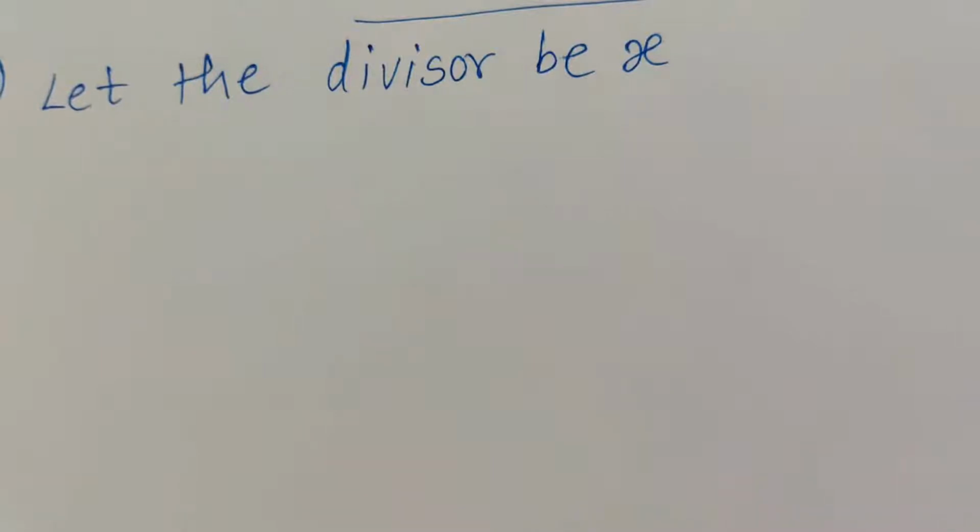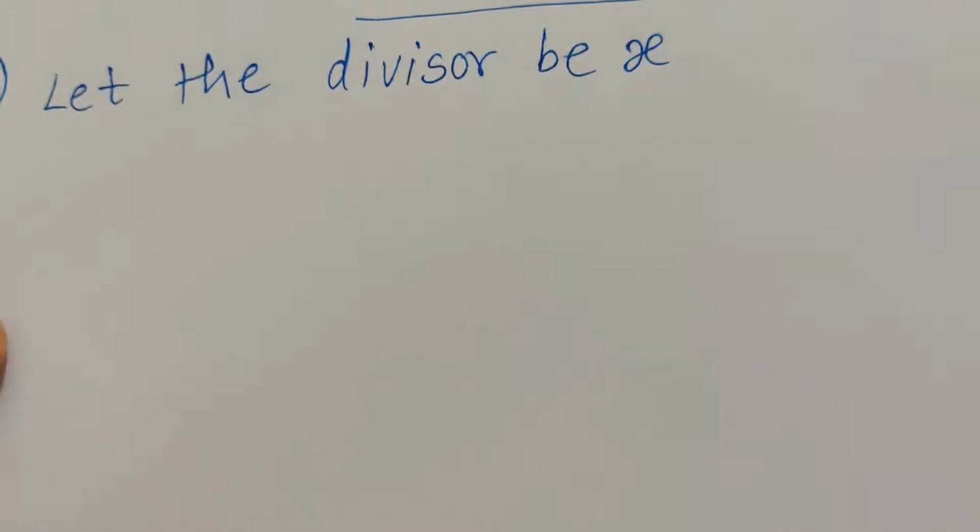See the condition that is given in the example. It is said the quotient is 6 more than 5 times the divisor. 5 times the divisor is 5x, and 6 more than that, so it is plus 6.